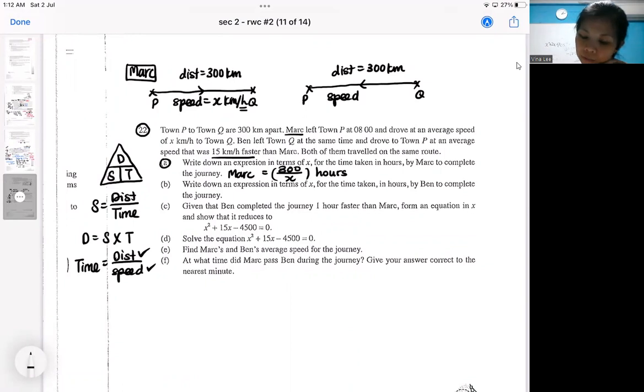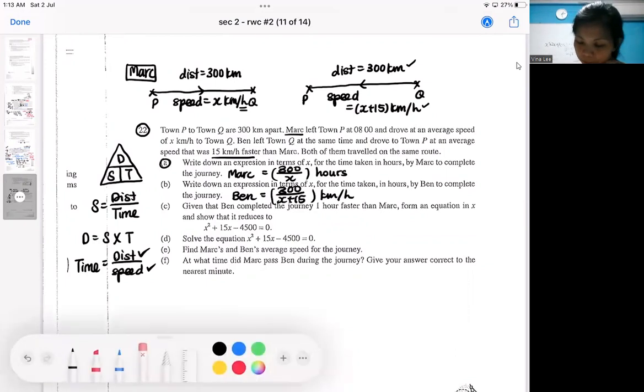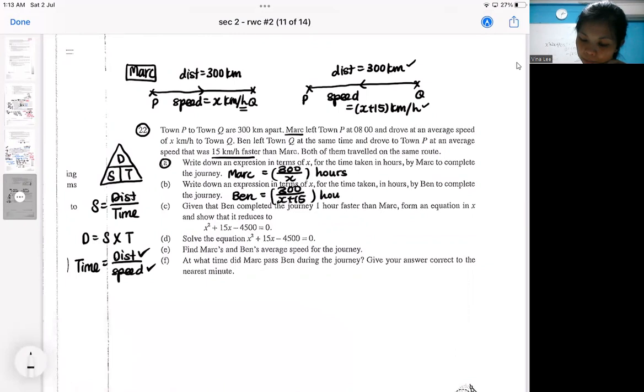That means instead of X, it will be X plus 15. So this is the distance and this is the speed. Using the same thing, the time taken by Ben will be 300 over X plus 15. Sorry, not kilometer per hour, that will be in terms of hours.